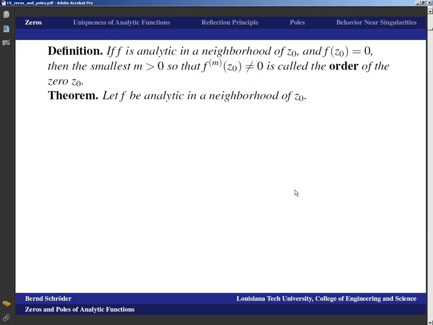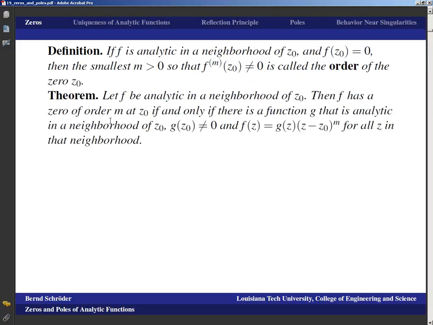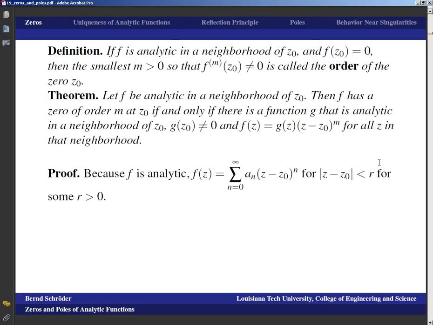And the theorem that goes with that is that if f is analytic in the neighborhood of z0, then f has a 0 of order m at z0 if and only if there is a function g that is analytic in the neighborhood of z0, g of z0 is not equal to 0, and f of z is equal to g of z times z minus z0 to the m for all z in that neighborhood. So that is quite reminiscent of that theorem that we had just proved about poles, where we factored out a 1 over z minus z0 to the m. And the proof is actually also quite similar.